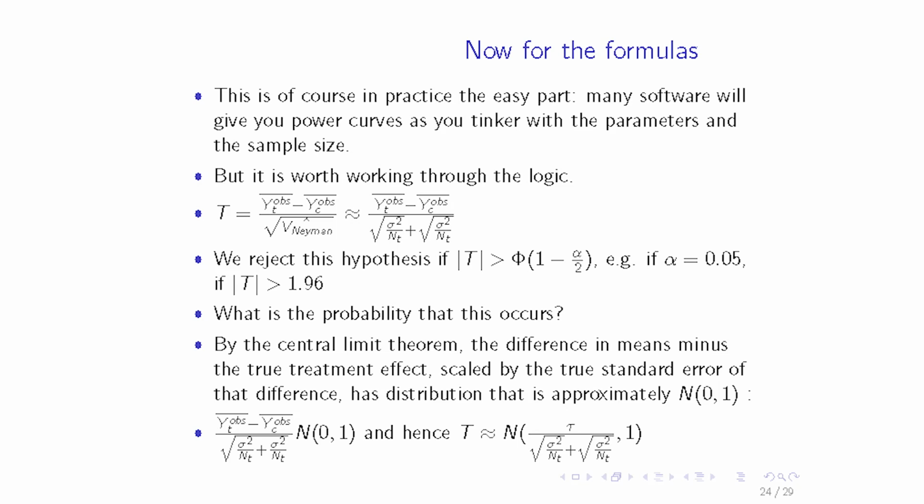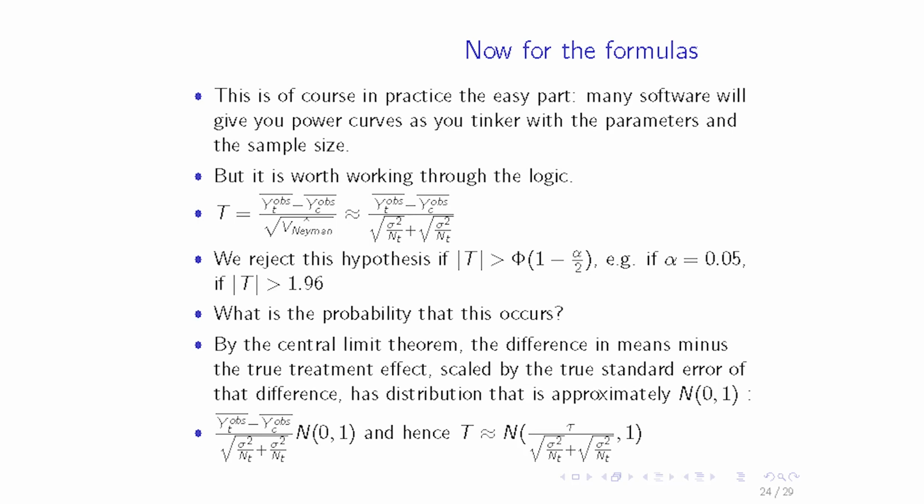And we're going to reject if the statistic is large. For example, for an alpha of 0.05, we're going to reject if the absolute value of the t-statistic is above 1.96.